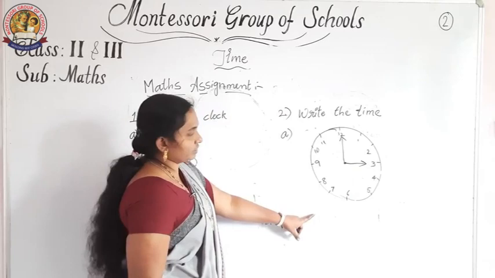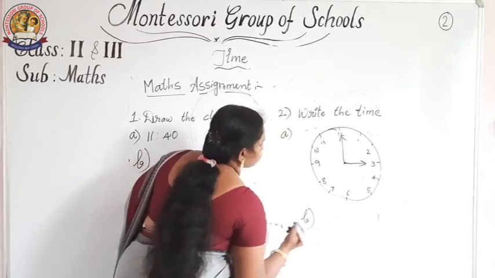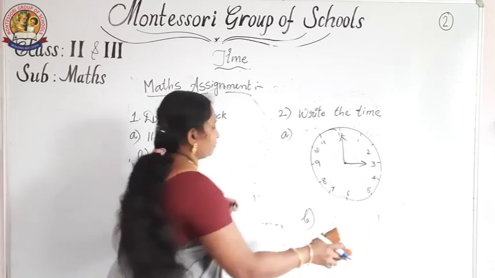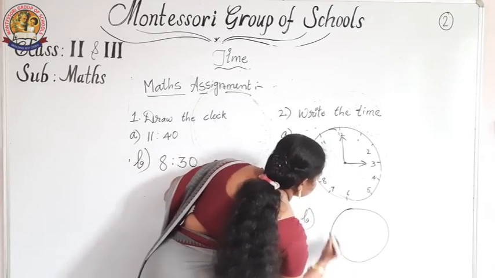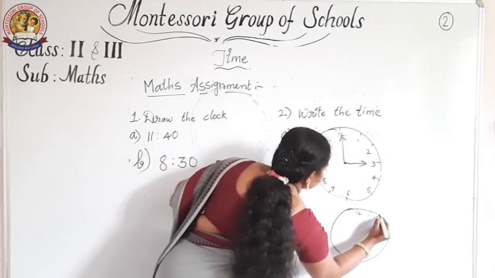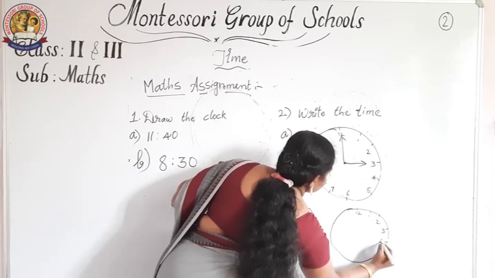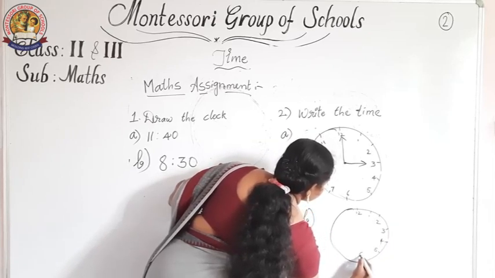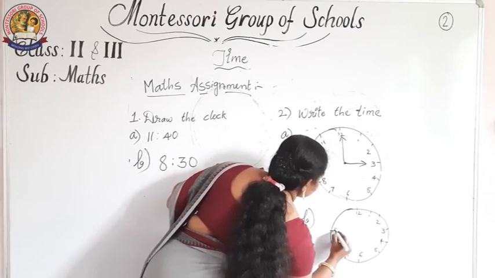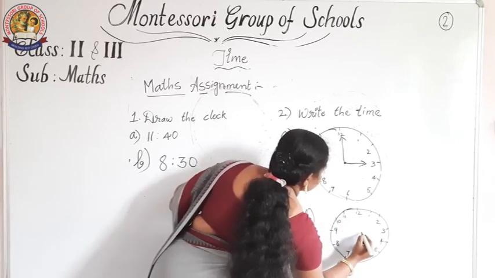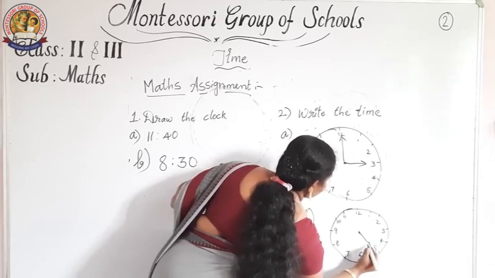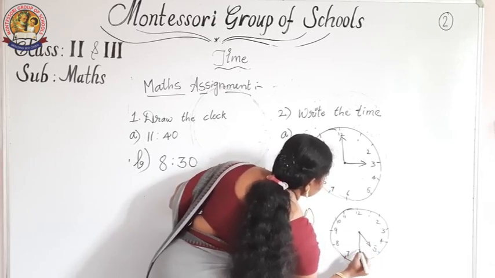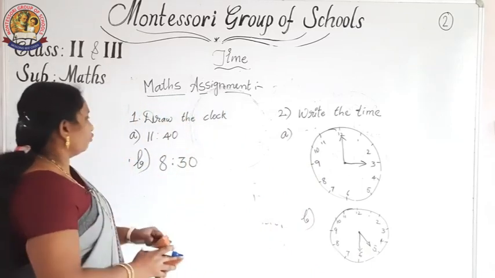Now write the time here. Okay, next B1. What is the time?